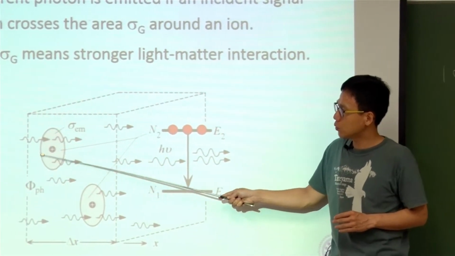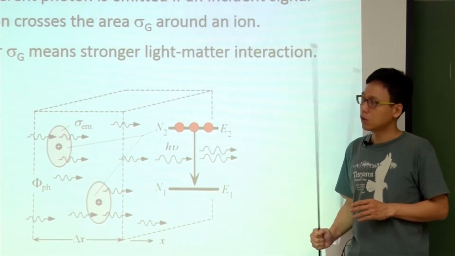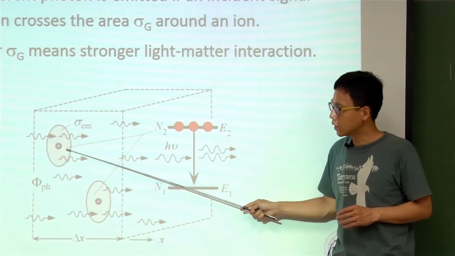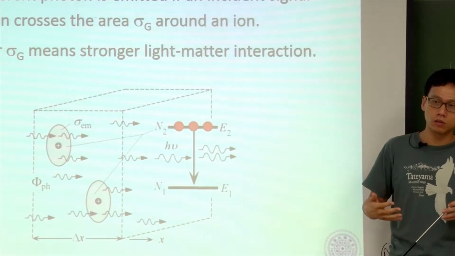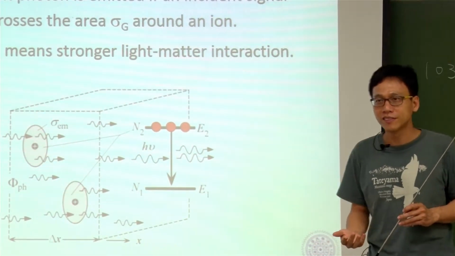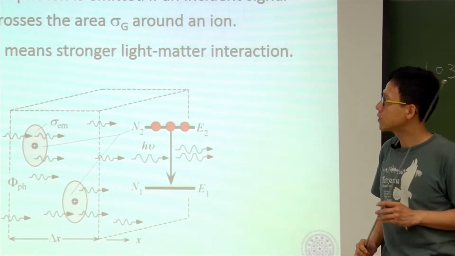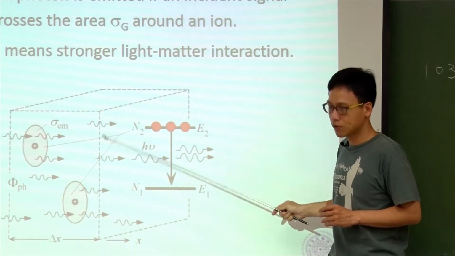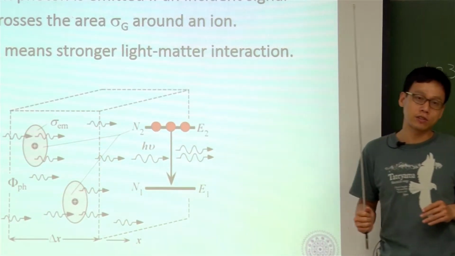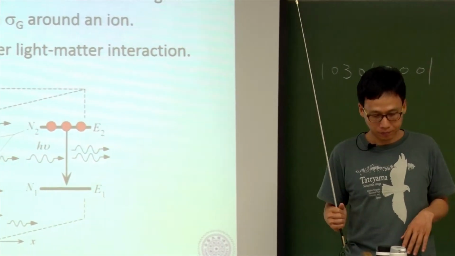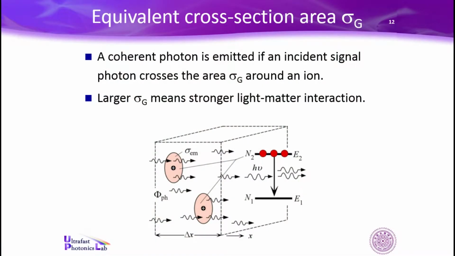这个截面积越大，就代表什么？光子很容易跟这个离子发生交互作用，造成 stimulated emission. So this is a parameter used in describing the light-matter interaction, how easy the interaction is.